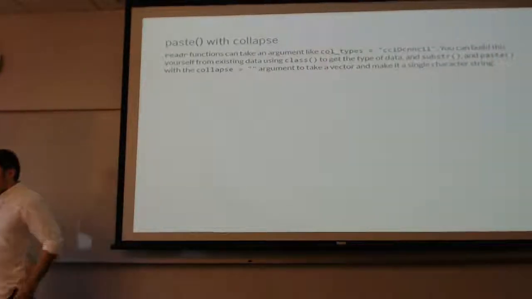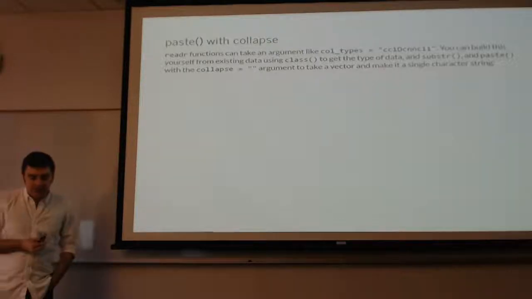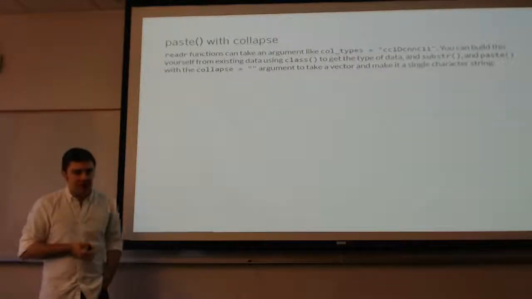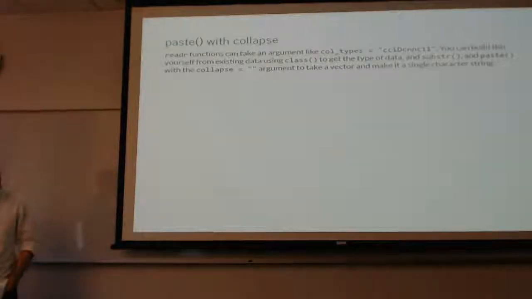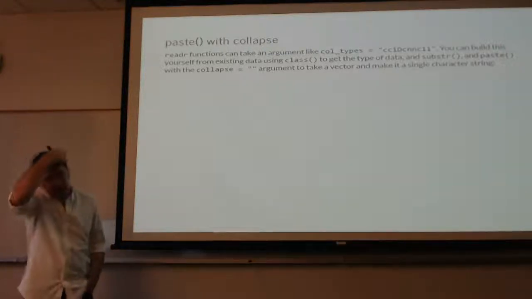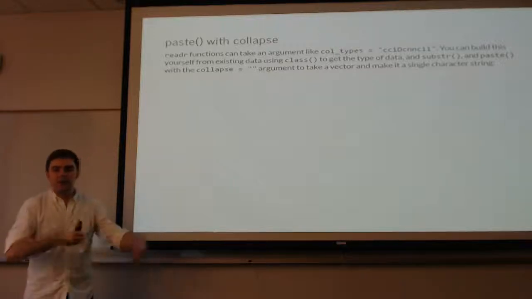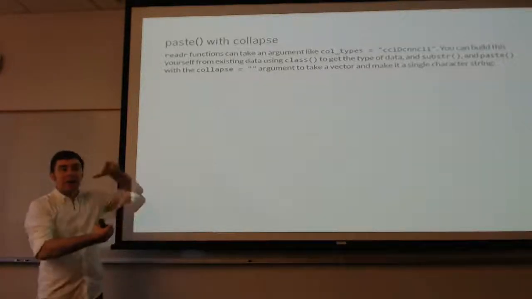So, there's an option you can use on paste that, unfortunately the person who used it accidentally in lab is not here, but there's an argument you can add to paste called collapse. Normally, if you give a vector to paste, or let's say you give 2 vectors, it will put those vectors together, but it will do it entry by entry.